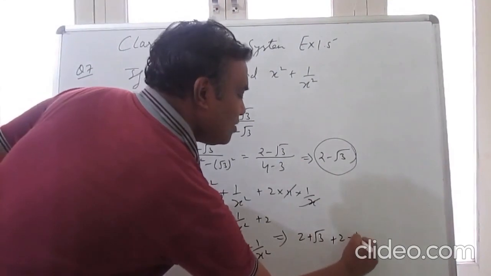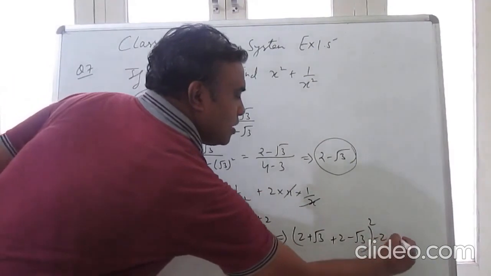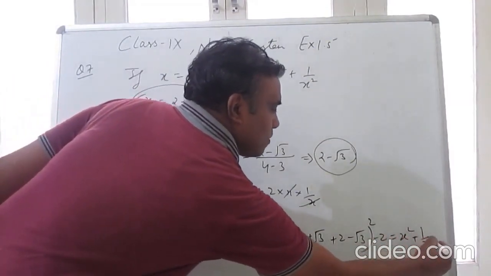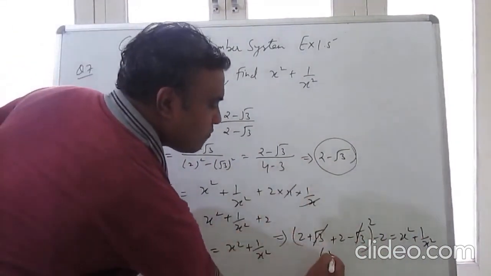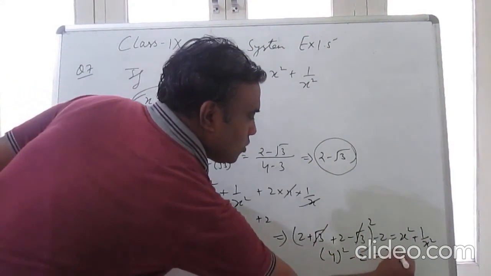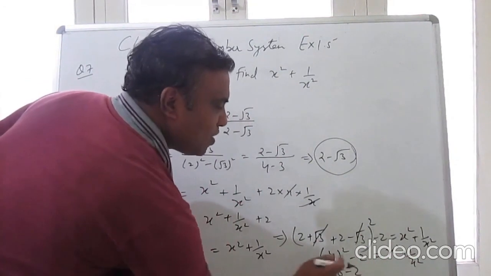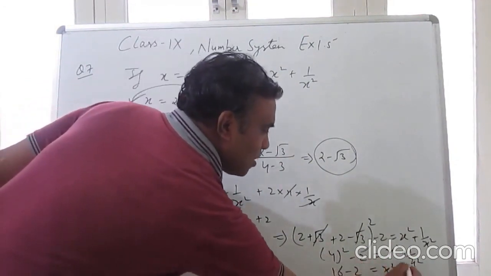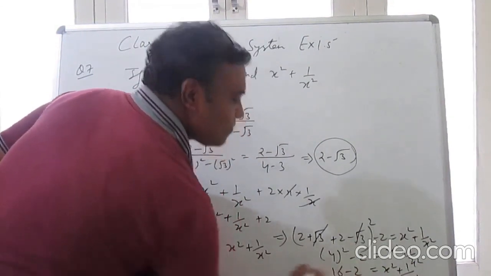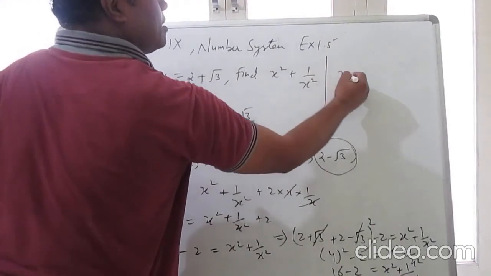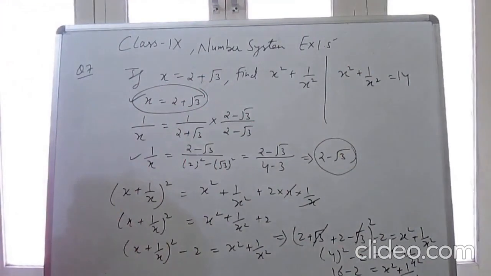Plus 2 minus root 3, whole square, minus 2 gives you x square plus 1 upon x square. Root 3 will cut. 2 plus 2 is 4, square is 16, minus 2. So x square plus 1 upon x square is equal to 14.